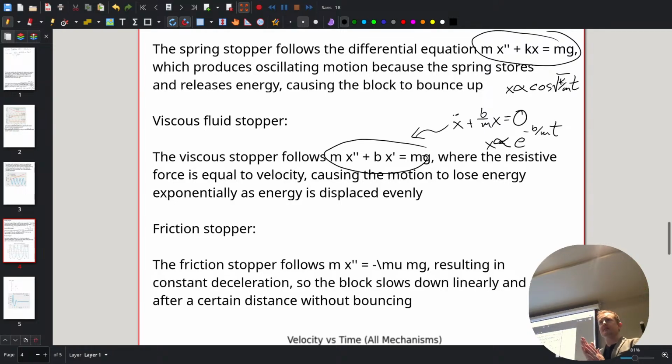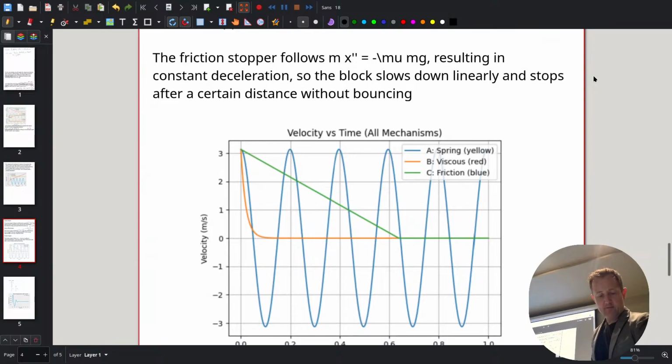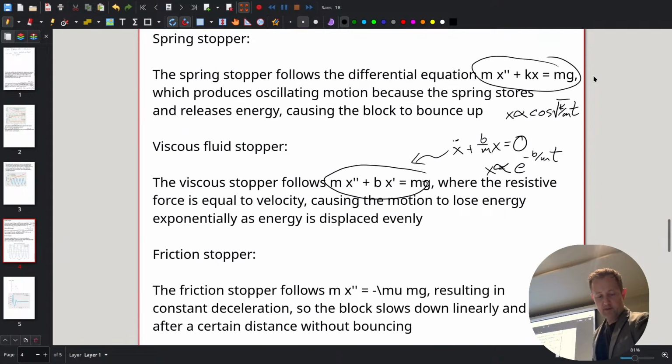What else? So we've got velocity versus time, and then we have these descriptions. What's a common theme in these descriptions? Is it describing velocity in each one?